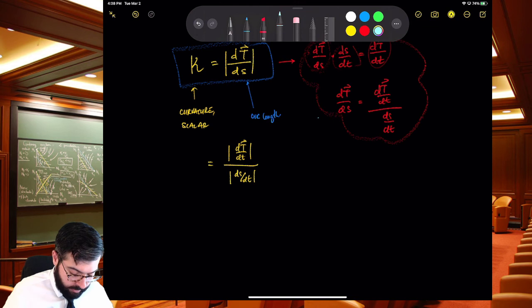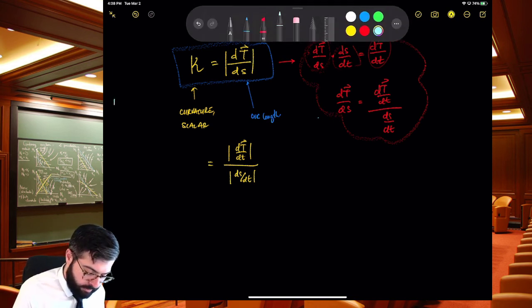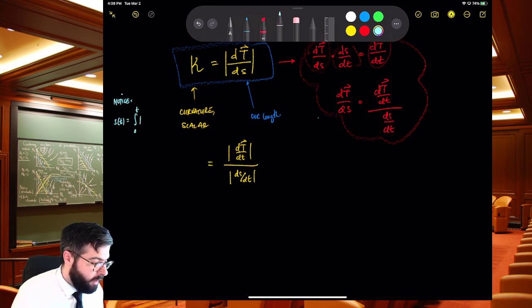Essentially, hopefully I'm not splitting your attention too much here, we said s of t is the integral from 0 to t of the magnitude of r prime of u du.